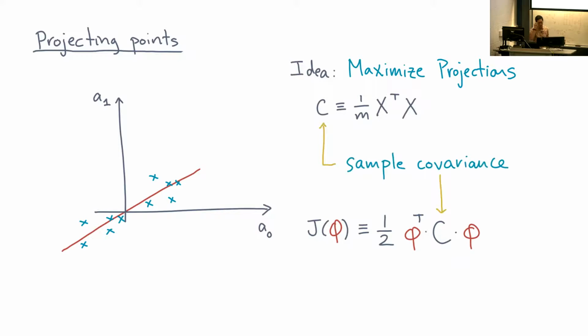So this particular function I've written down to maximize has a statistical interpretation, and it's related to preserving or maximizing variance. If you've seen PCA before, I'm assuming that's the flavor of it that you've seen: you pick axes that somehow capture the variance in the data.